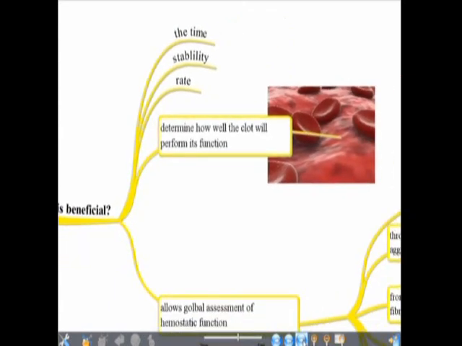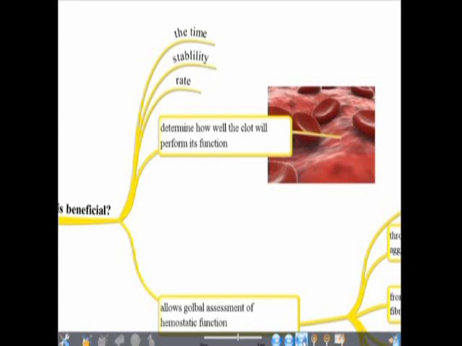This gives you an indication of how well the clot will perform its function. That means that you'll know, if your patient is bleeding, first of all, whether the bleeding is a result of a nicked artery, in which case the patient will need to go back to theater, or whether that's because of a clotting problem.